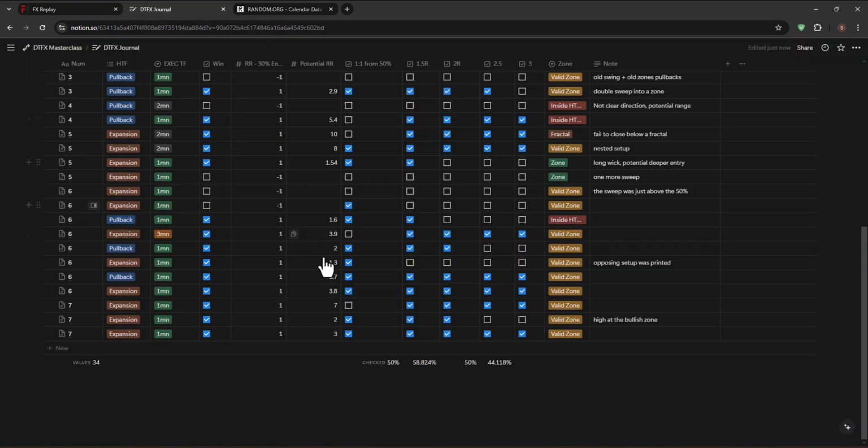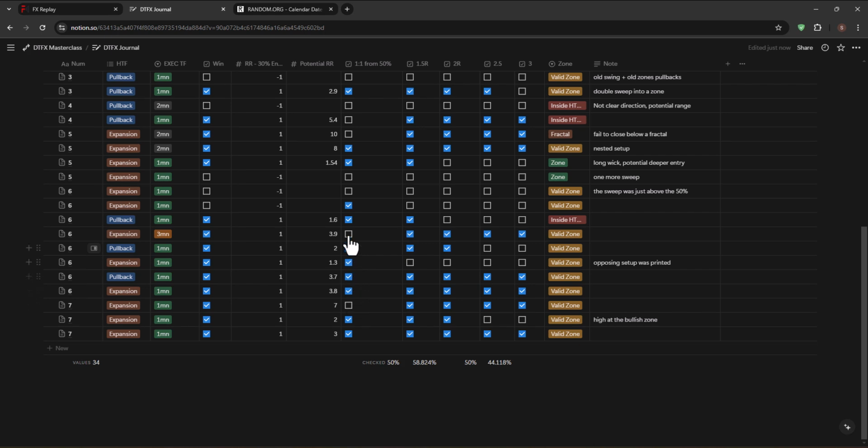Just like this one, and then whether it gave me 1-to-1 from the 50%, whether it went to all these targets, right? And as you can see, a lot of times price will go to the 50%. So for example, I took this from these trades. So let's say, for example, this is 1, 2, 3, 4, 5, 6, 7, 8, 9 trades.